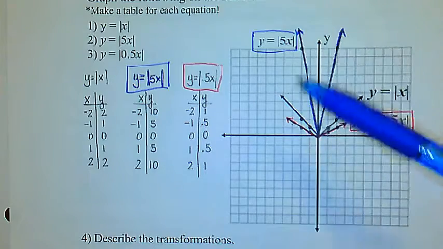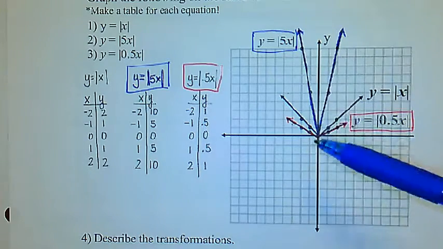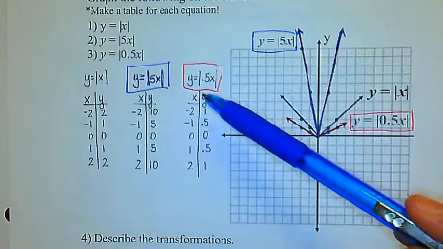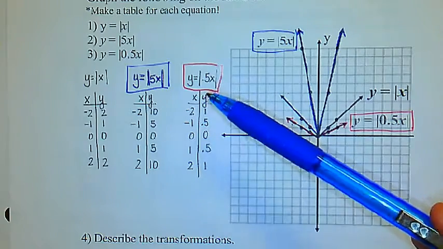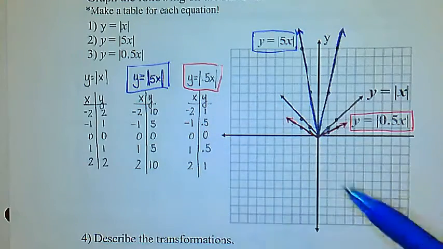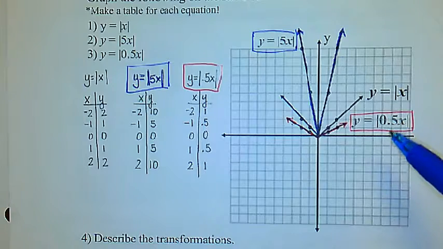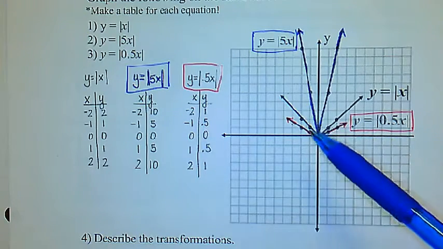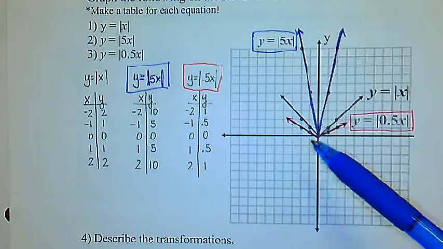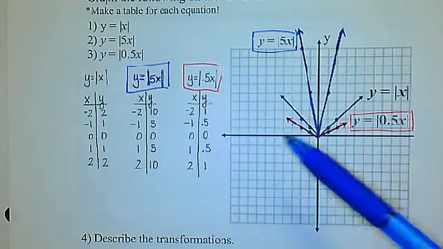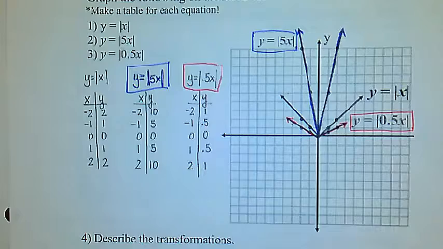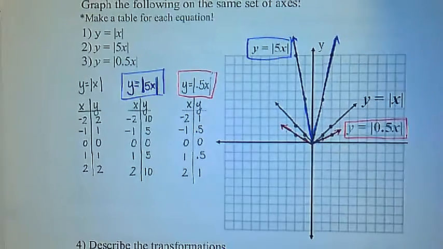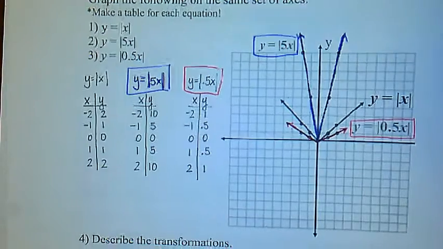What we say is that it gets narrower. If we multiplied by 0.5, a number between 0 and 1, this is going to flatten out our absolute value, so it makes it wider. And of course you can pause the video if you need more time to do that yourself.